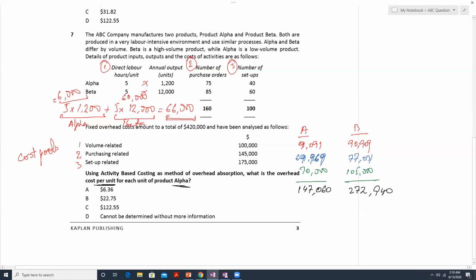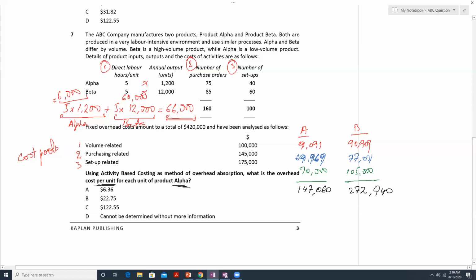Now, this is something that many students forget while answering a written question. Although this is a multiple choice question, this is something that you can forget in the exam.